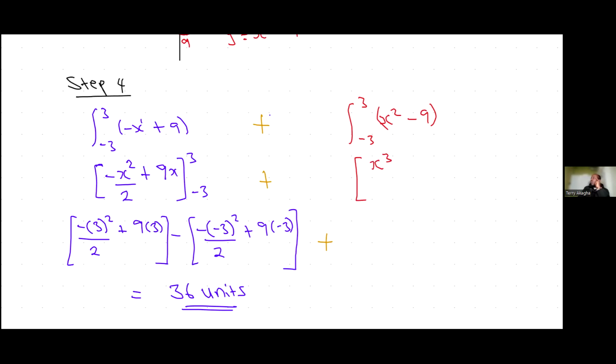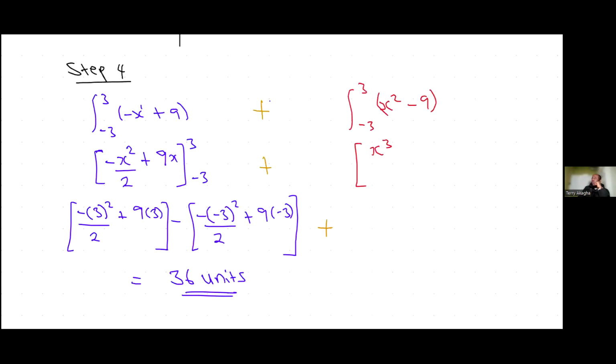Oh, I think I made a mistake here. So it's not x plus 9. I think it's x squared plus 9. So this is going to become x squared. So this is going to be x cubed divided by what? 3. Okay. Yes.